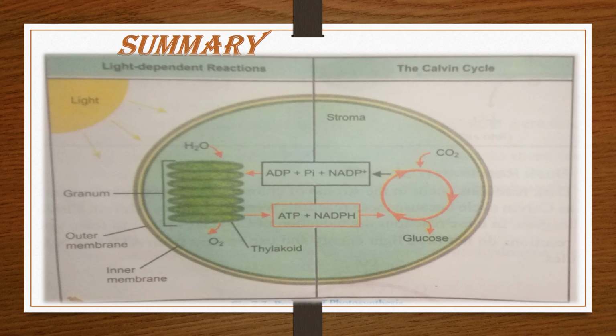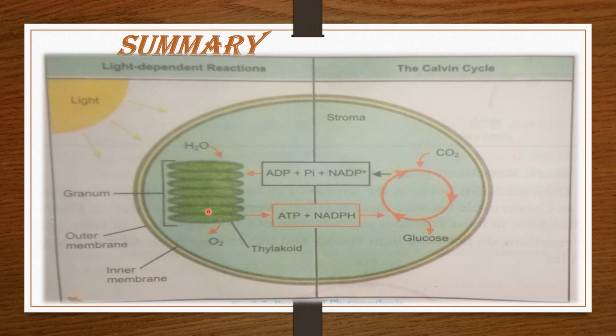And here you can see the whole summary of this reaction. You can see where the dark reaction occurs and where the light reaction occurs. Light independent reactions, the Calvin cycle, are the dark reaction. Light reactions occur in the granum.